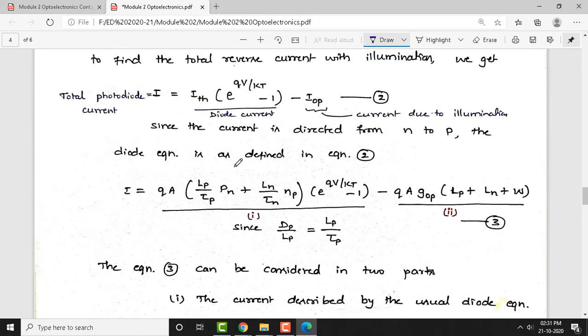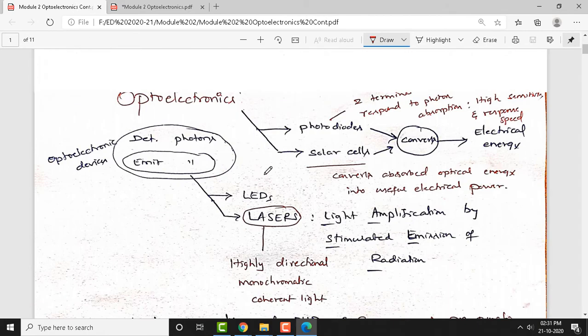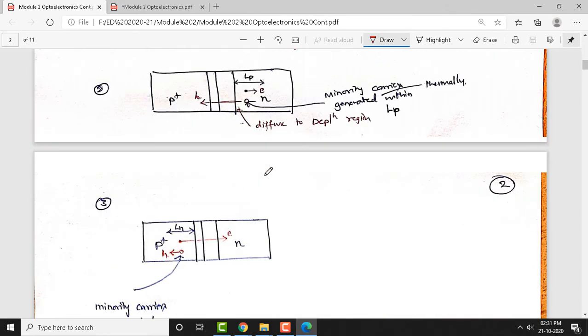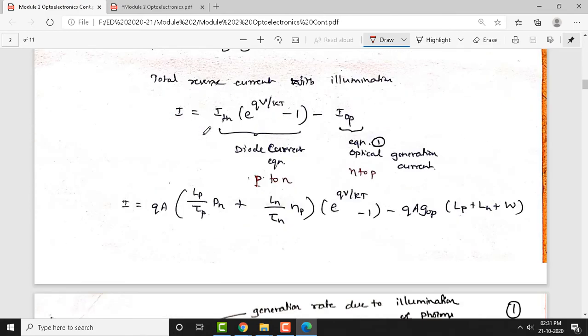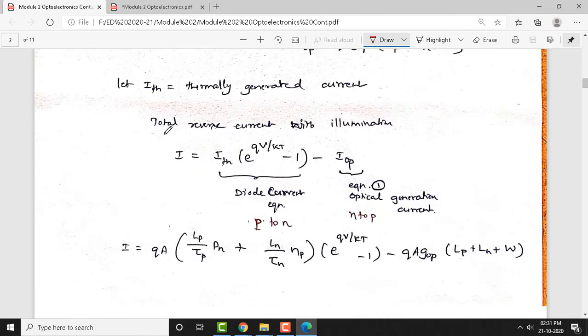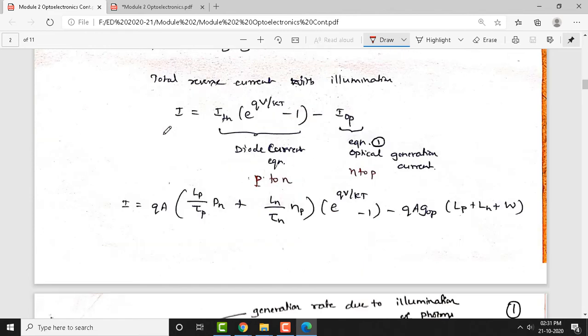If you do not have questions, I think the next few topics have been covered in this material. Let us take up this, which we already explained. I will just move directly to this final equation. The total reverse current due to the illumination is given by I thermally generated current into e to the power of qV by kT minus 1, minus I_OP.